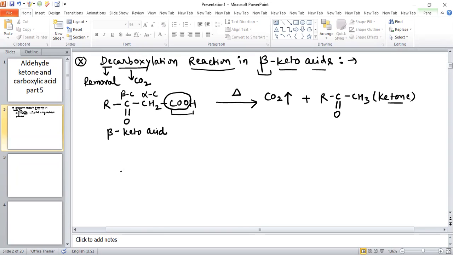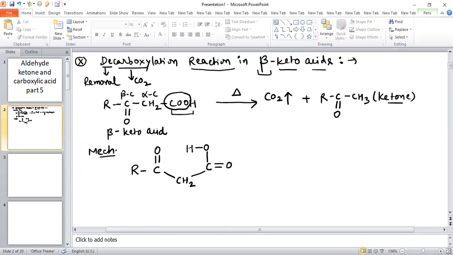You can also see the mechanism related to this reaction. So I'm going to discuss the mechanism of this reaction with you. This is R, C double bond O, CH2, C double bond O, and this is the OH group.